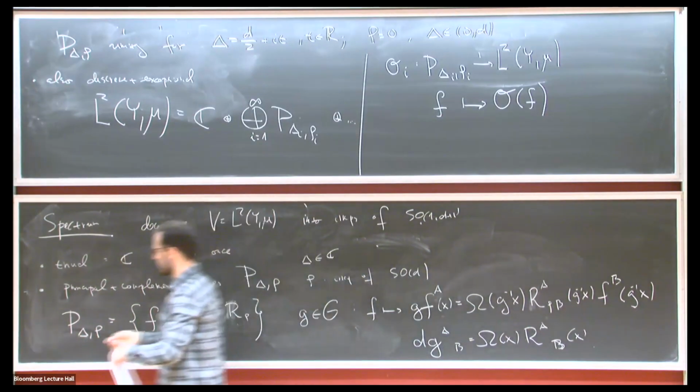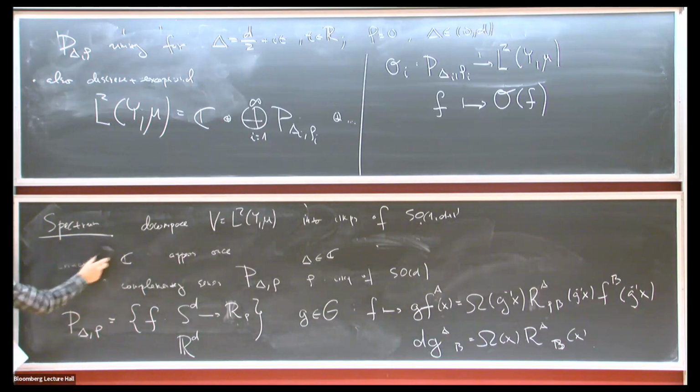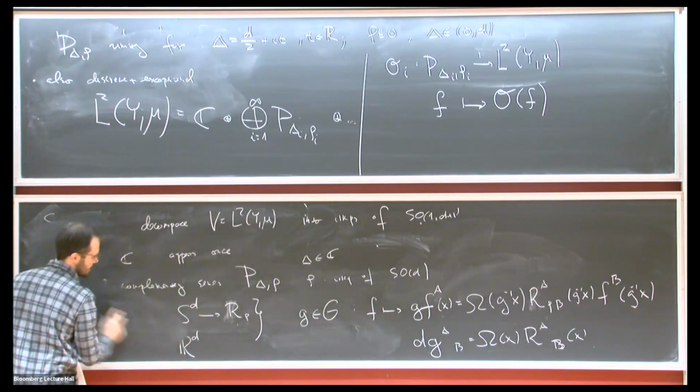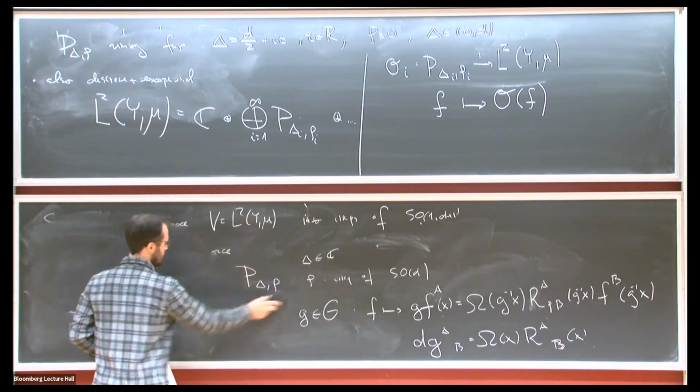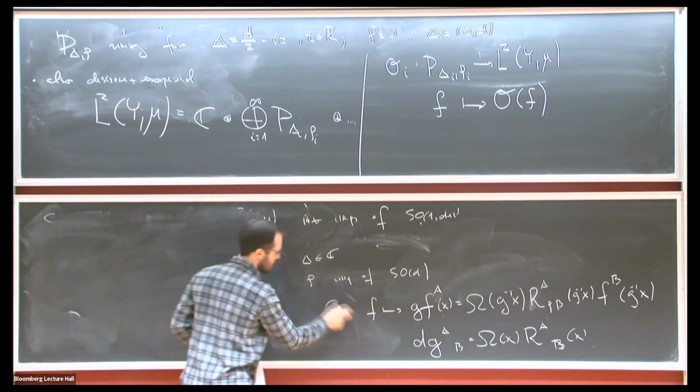The first example is just some generic CFT that has light scalar operators, where by light I mean that their dimension is smaller than d over 2.